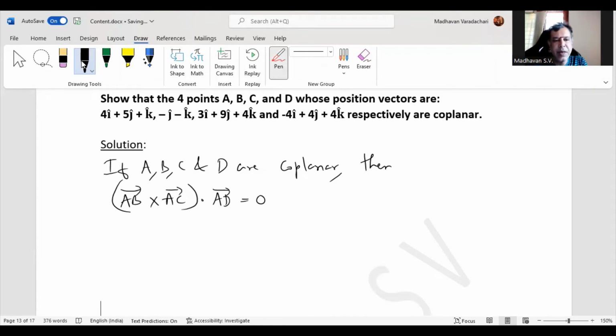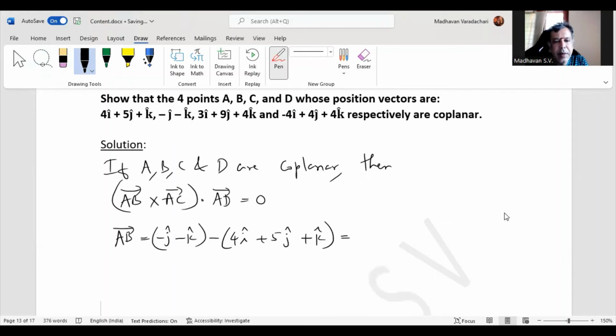So for which first we need to find out what is vector AB. Vector AB can be found by subtracting this vector from this vector. So let me write that: minus j cap minus k cap minus of 4 I cap plus 5 j cap plus k cap.